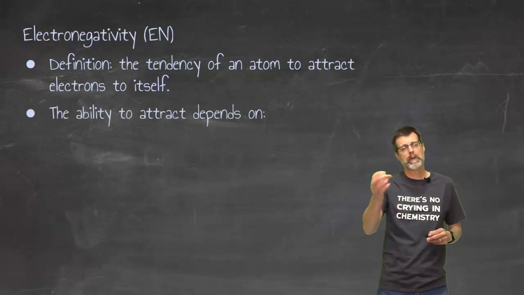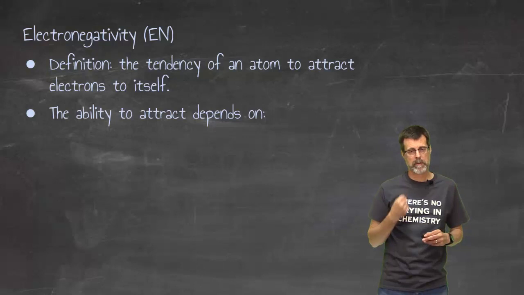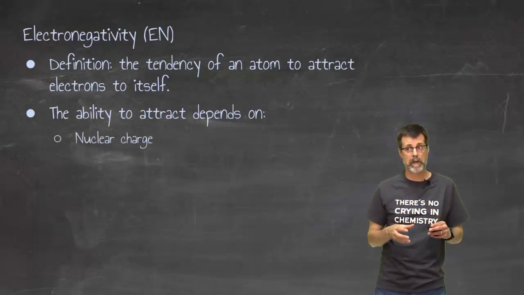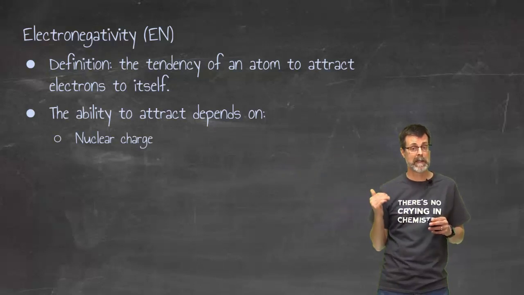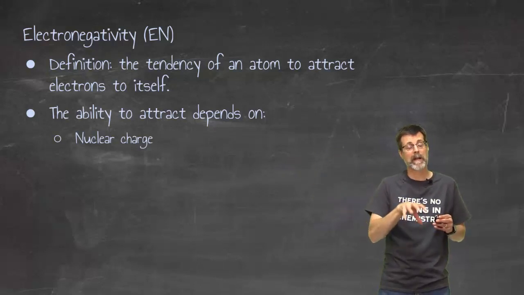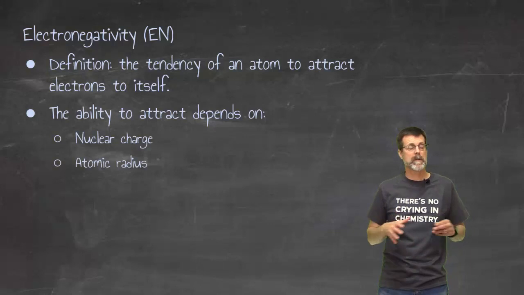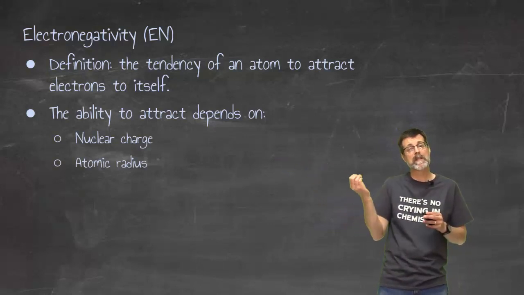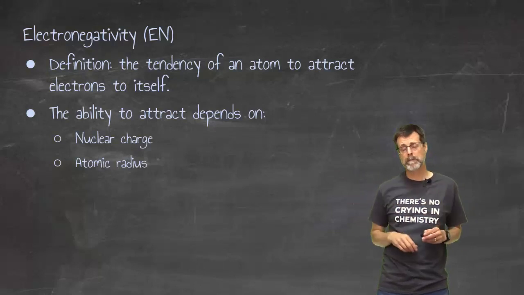So the ability for an atom to attract an electron to itself depends on a few things. For us, it's going to depend on the nuclear charge, because if you're going to attract an electron, you need to have that attractive force. It also depends on the atomic radius, in terms of how close that incoming electron can get to the nucleus.